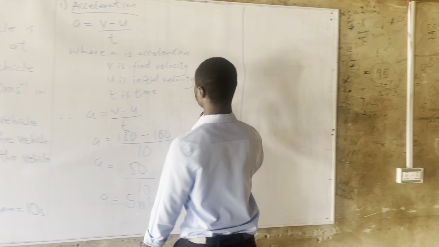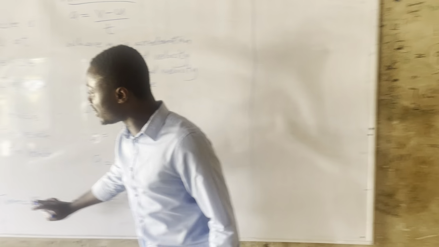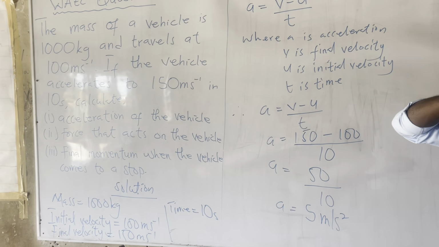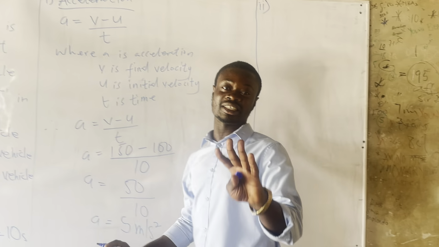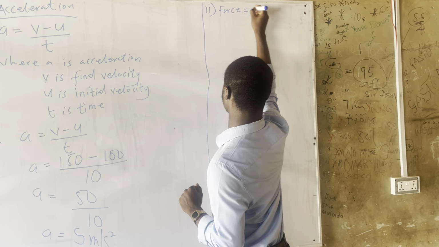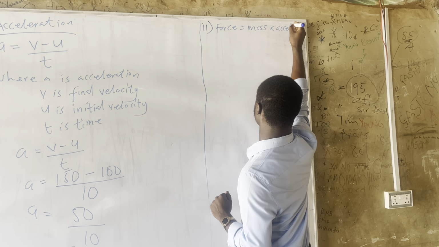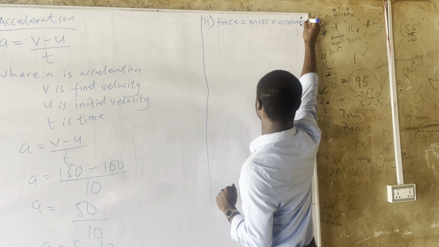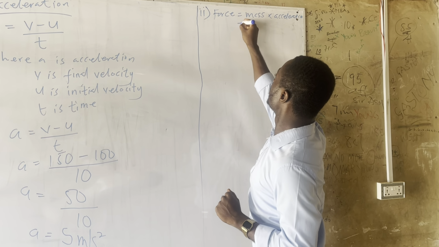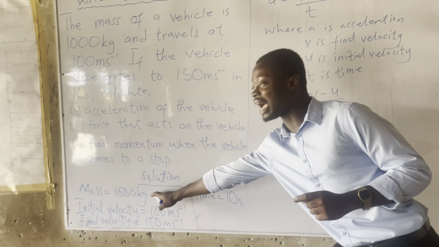The II says we should calculate force that acts on the vehicle. So from Newton's second law, we know that force equals mass times acceleration. So let's look at the mass from the question. So the mass is 1,000 kilograms.